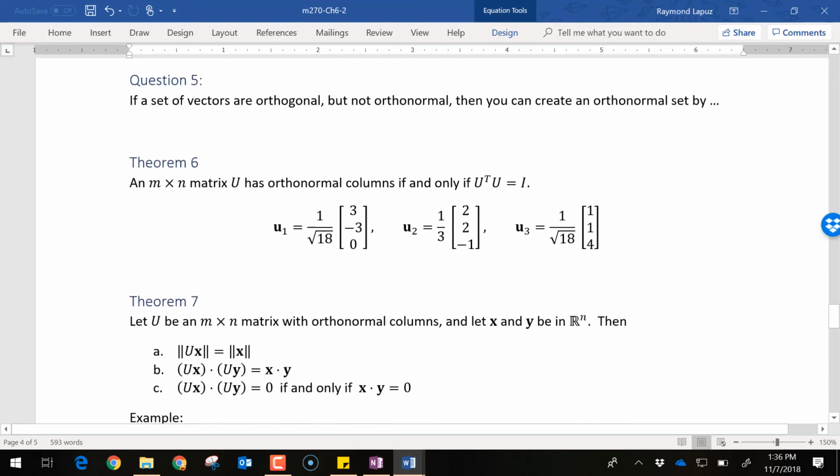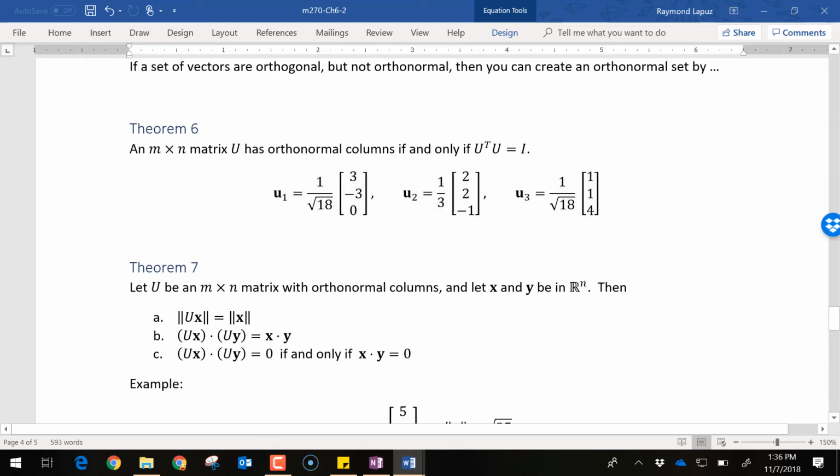Oh, there was a definition from before that says that if U, a matrix, and they use capital U for matrices, if a matrix capital U had columns that are orthonormal, then it has this special property where if you take the transpose of that, multiply with itself, you get the identity.